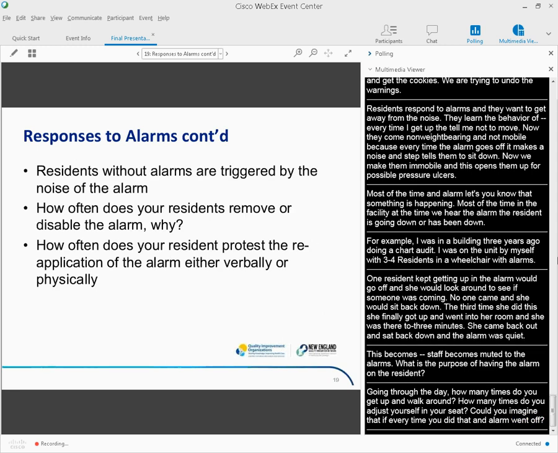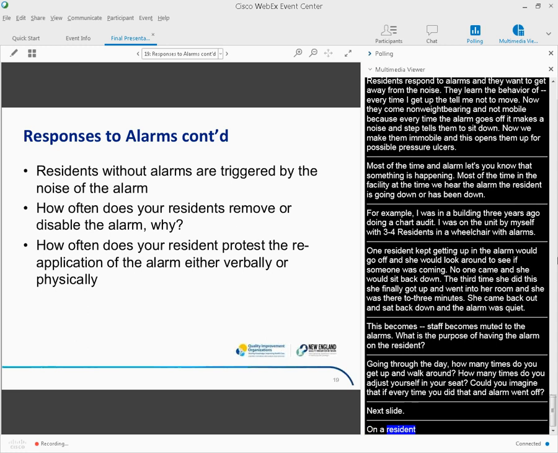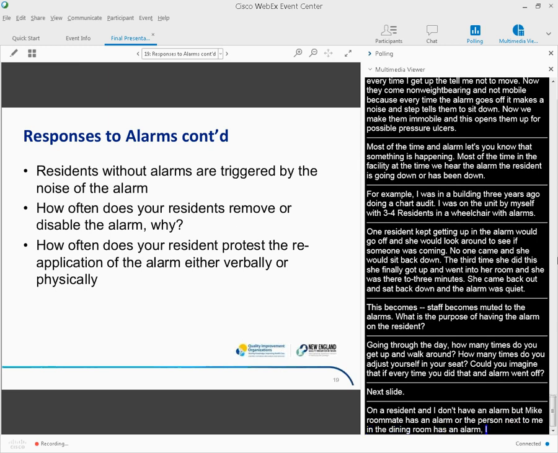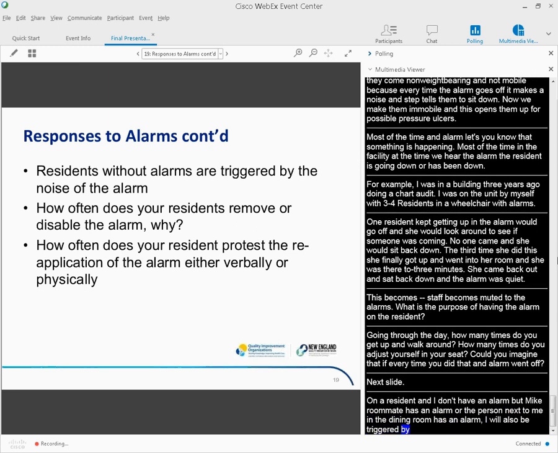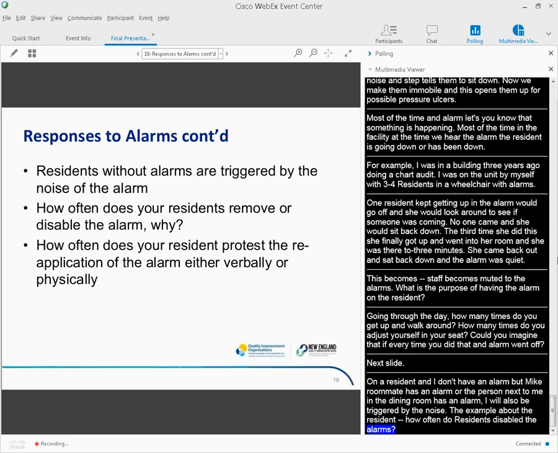So if I'm a resident and I don't have an alarm, but my roommate has an alarm or the person I sit next to in the dining room has an alarm, I will also be triggered by that noise. And in the example that I just gave you about the resident, how often do residents disable the alarm? And we don't really think about why they are doing it and what is our response to that.